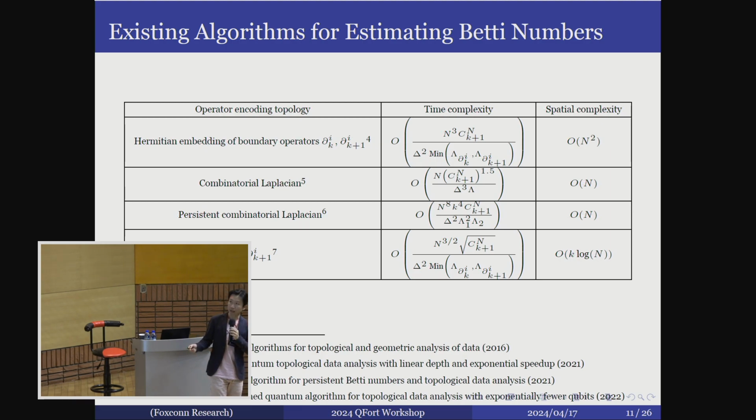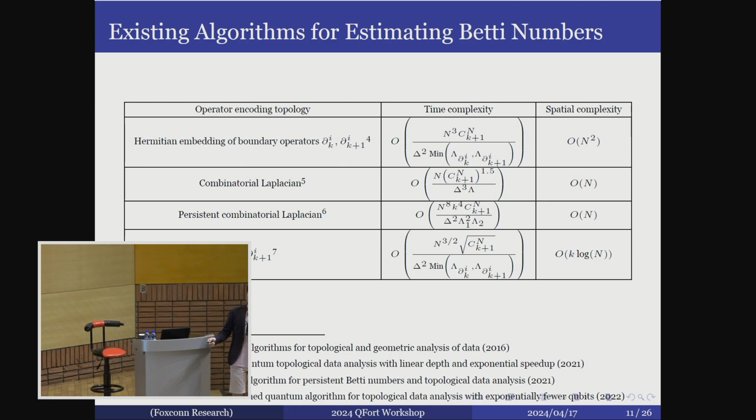And you can see that N is the number of vertices. If they use it to estimate a normalized Betti number, you can ignore this term, so this would be canceled out. So it's a polynomial algorithm in terms of the number of vertices.